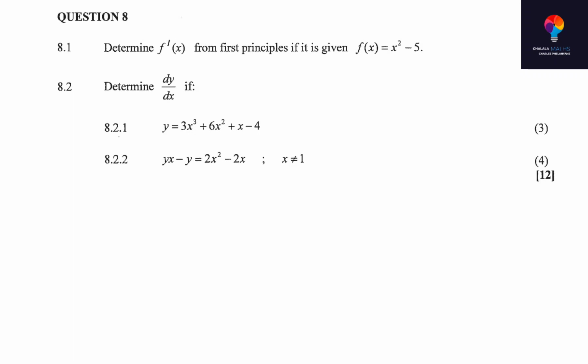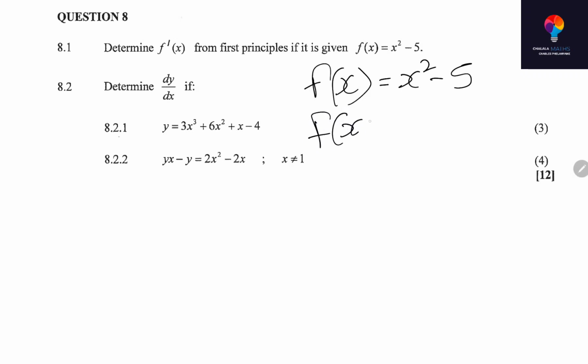So as we know, f of x is x squared minus 5, then we must find f of x plus h. This is from the formula.